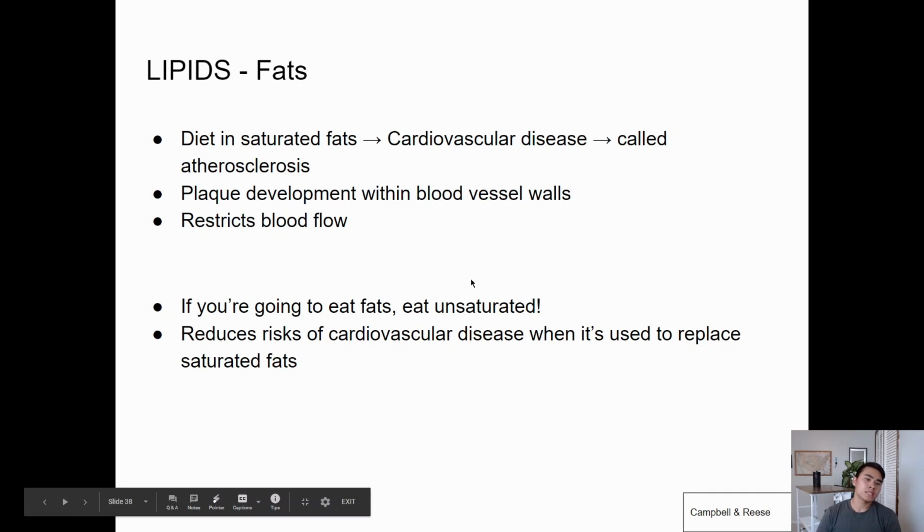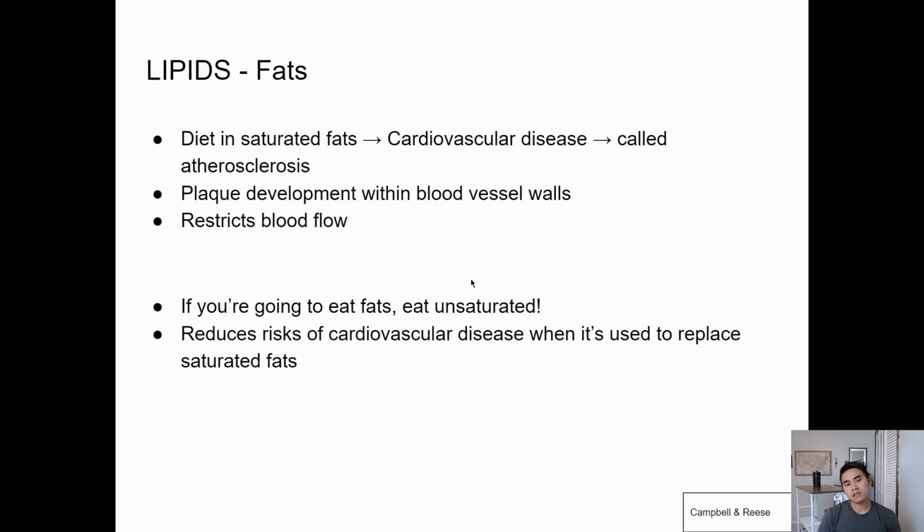Okay, so a diet high in saturated fat contributes to high risk of cardiovascular disease. Arteriosclerosis is essentially occurring in patients with higher diets of saturated fats. The reason why is because it develops plaque inside the blood vessels and it restricts the blood flow.